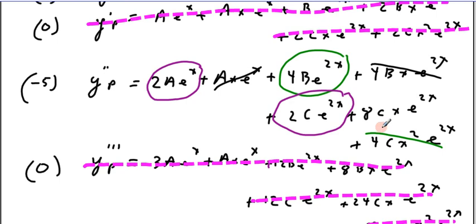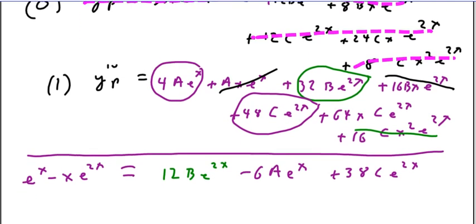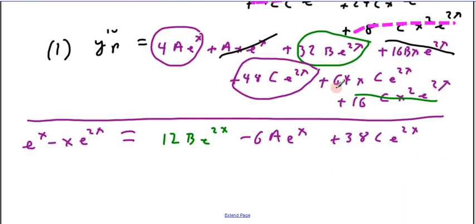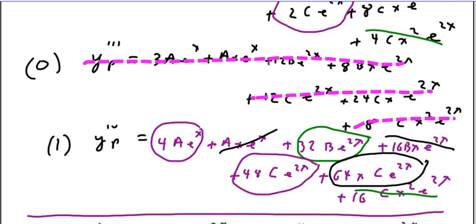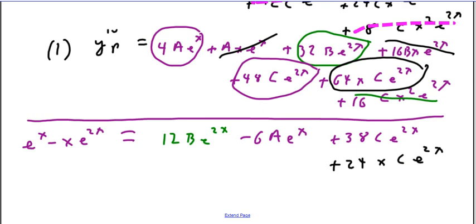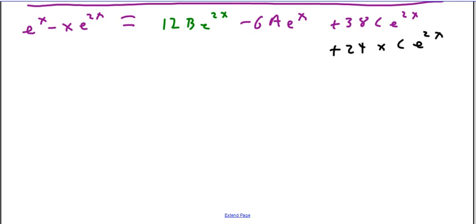Okay, and then I got a minus 40cx. Minus 40 and a plus 64. So that's going to be a plus 24xc e to the 2x. And that gets rid of him and him. And now all the terms are accounted for. Okay, so that looks pretty nice.